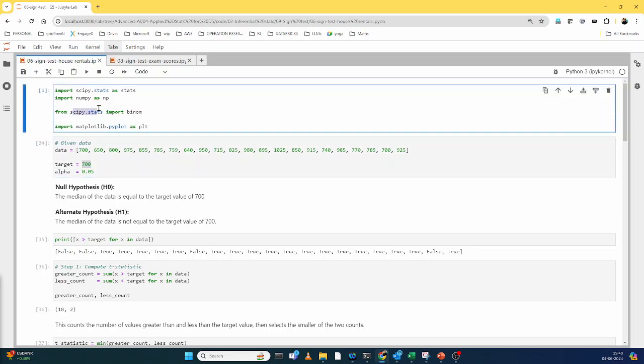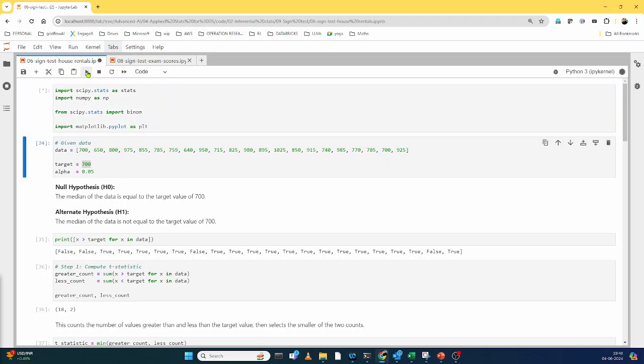The package is SciPy here, and I'm also going to use binomial. I'm going to show you why the binomial function or distribution is used in this particular case. The null hypothesis is the median of the data is the same as 700. The alternate hypothesis is the median of the data is not the same as 700.